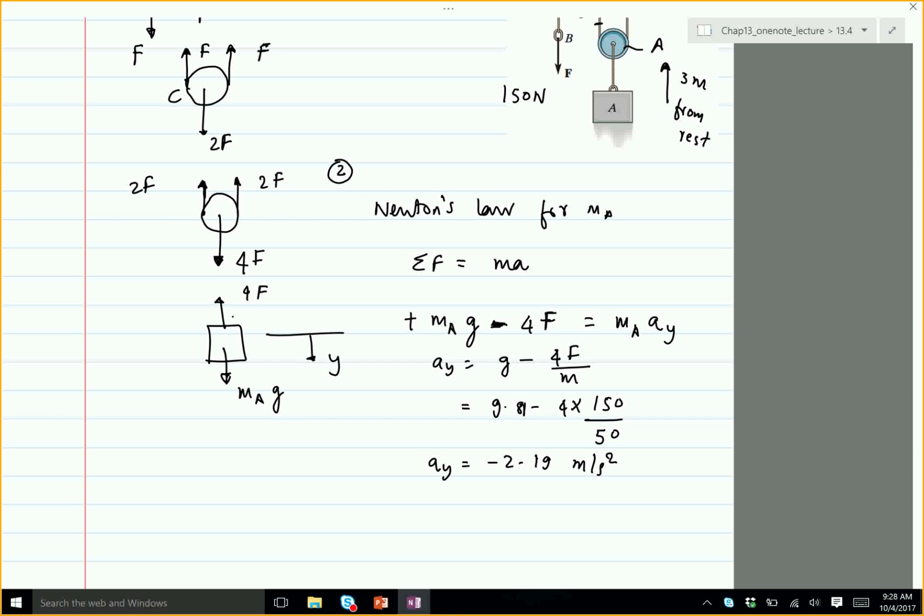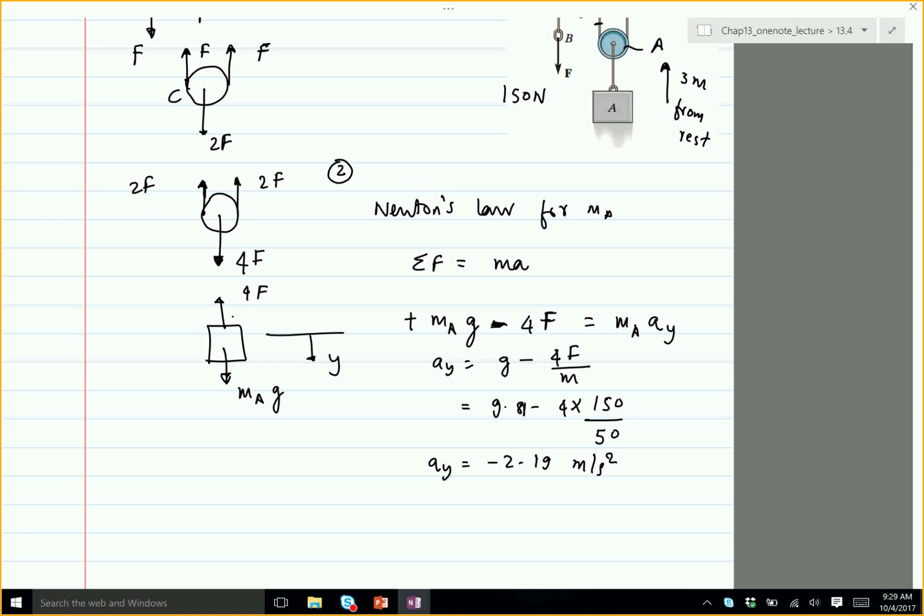So if you had made the y-axis positive upward, you would have found that ay comes out to be positive? No, I don't think that's so. If I flip the signs to positive upwards, it depends on how I assume it to move.